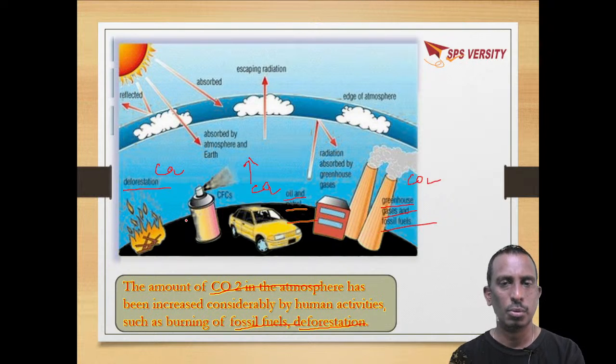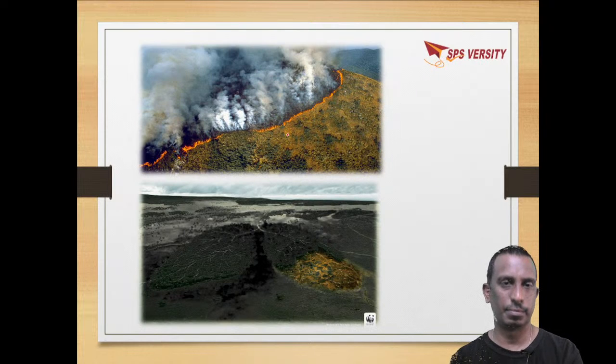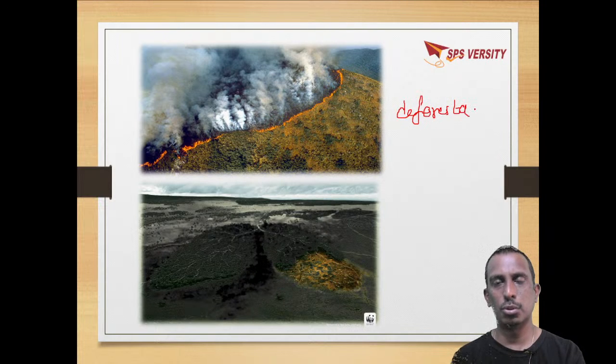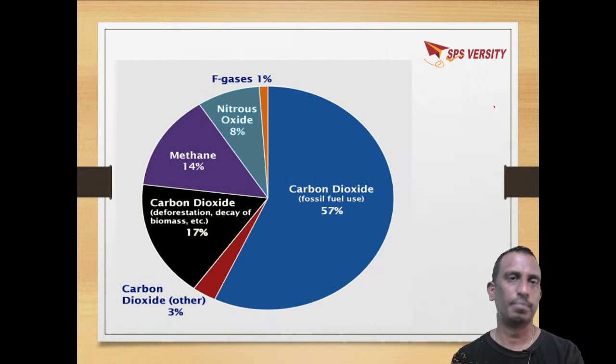Along with CO2, many other greenhouse gases are released into the atmosphere, which increase radiation and cause the greenhouse effect. Here you can see the greenhouse effect in the picture. This is the deforestation process, and due to deforestation a lot of CO2 is released into the atmosphere.